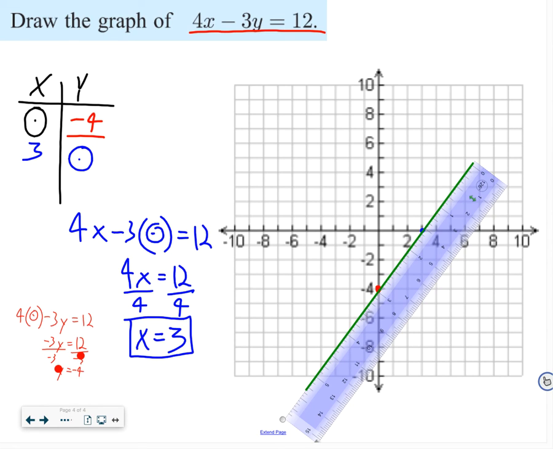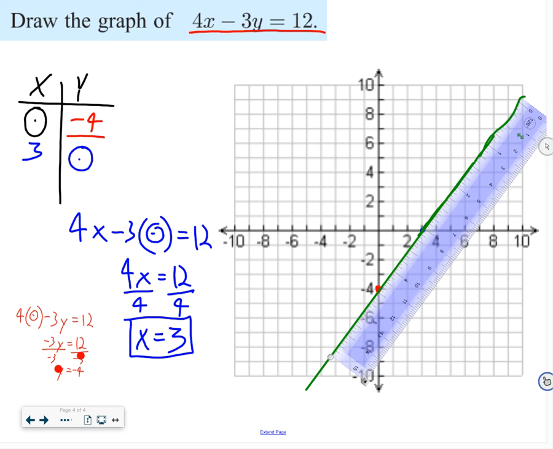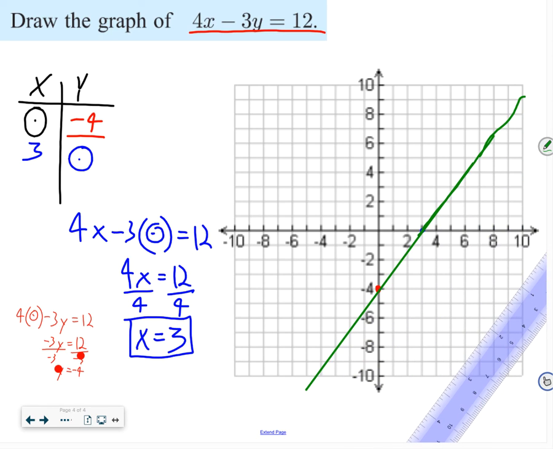I extended it so I go all the way to the edges of the paper. Okay. A little off there, but get the idea. And we have our arrows to show that we know that this is going in both directions, and we have graphed our line. That concludes our notes for tonight, so make sure you highlight any questions you might have and bring them to class tomorrow.